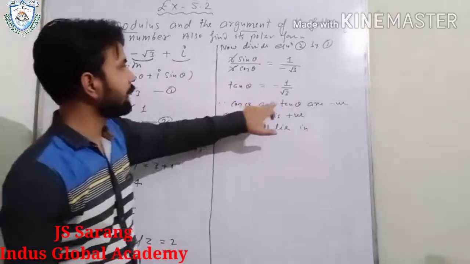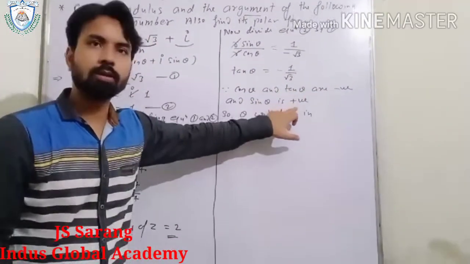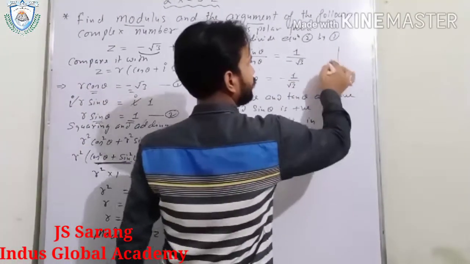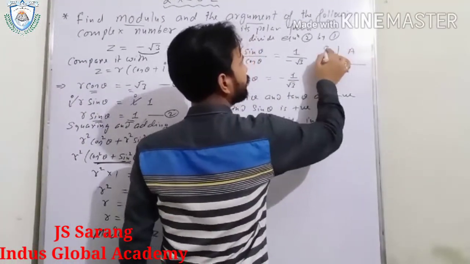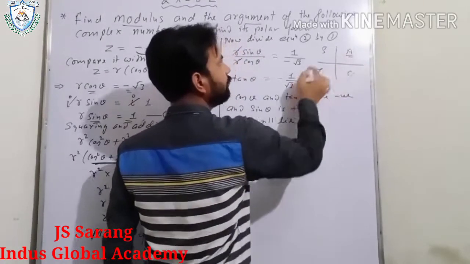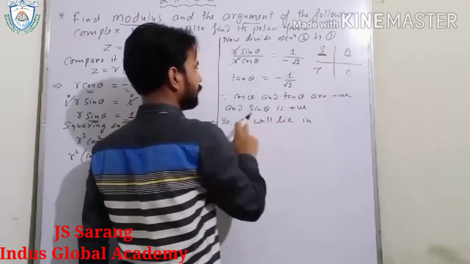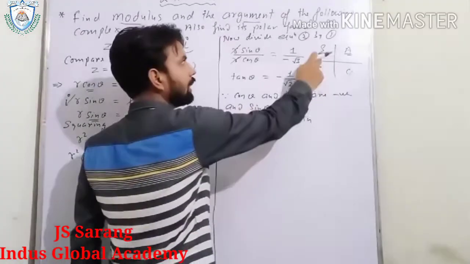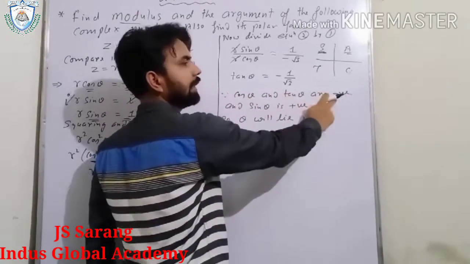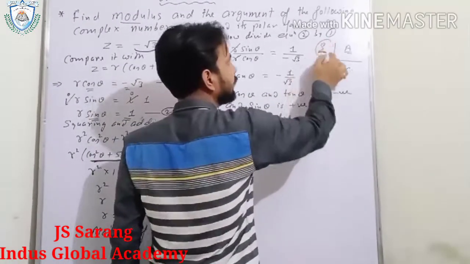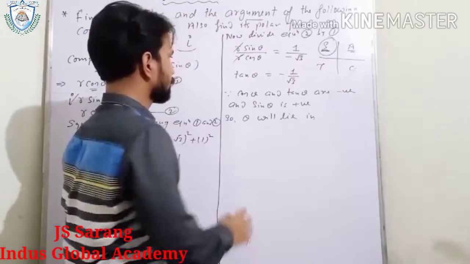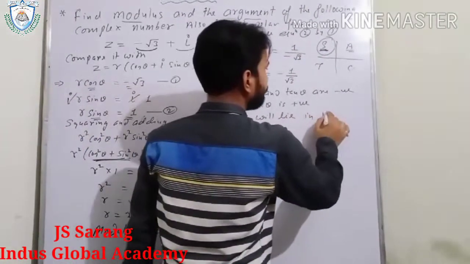Draw this: add sugar to coffee. Here all are positive. Here sin is positive, and the remaining are negative. So sin is positive and the remaining, cos theta and tan theta, are negative. That means theta will lie in the second quadrant. Understood?